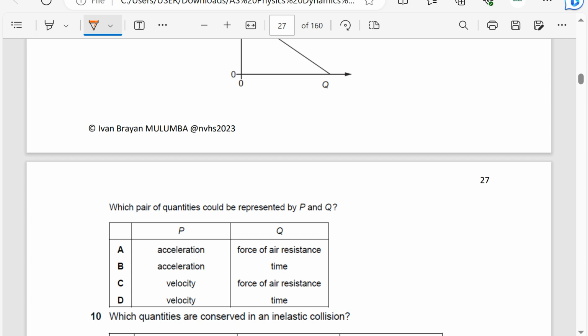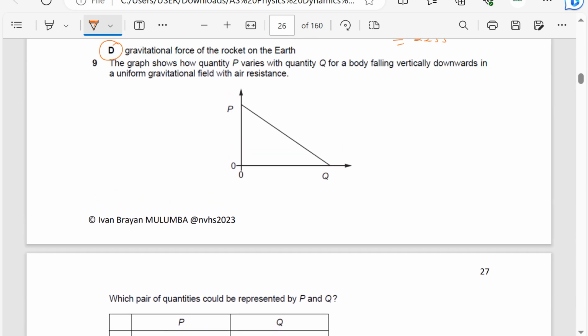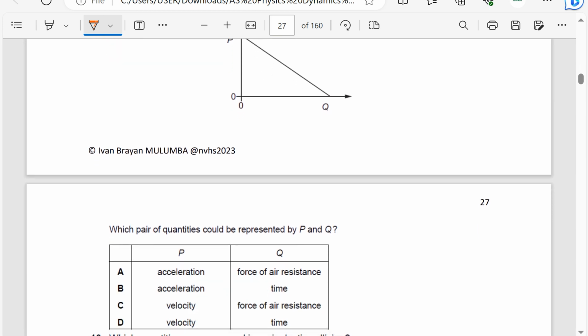Which pair of quantities could be represented by P? First of all, if it is falling in a field with air resistance, the force due to air resistance must increase with the speed, because the speed increases.